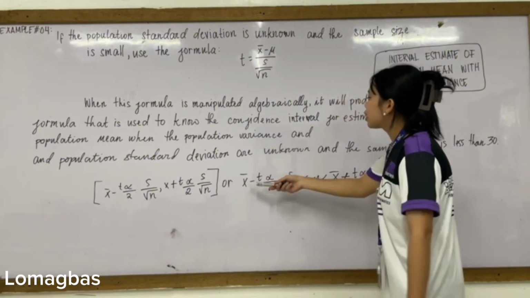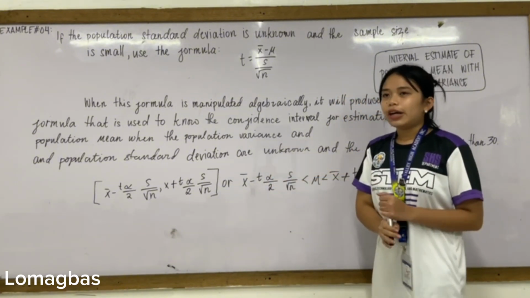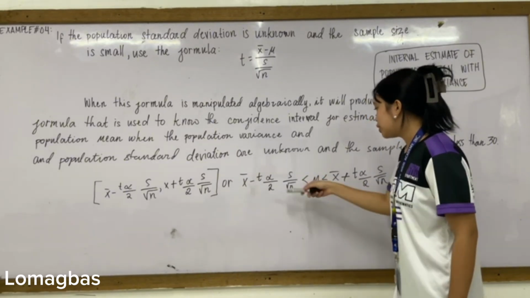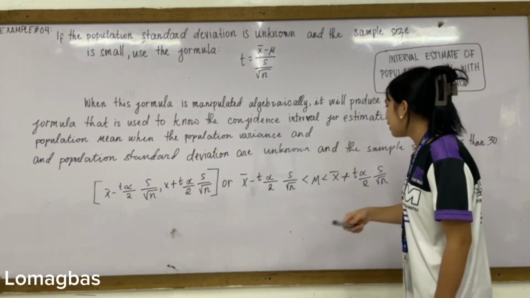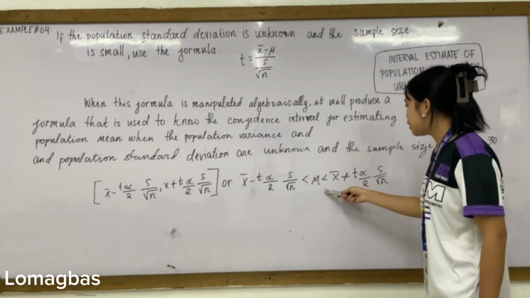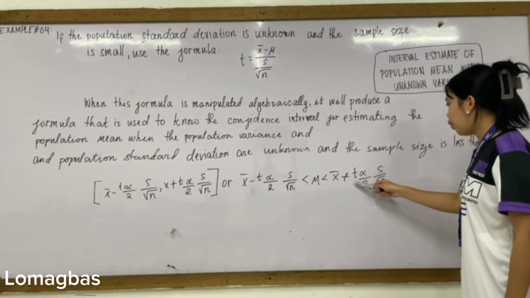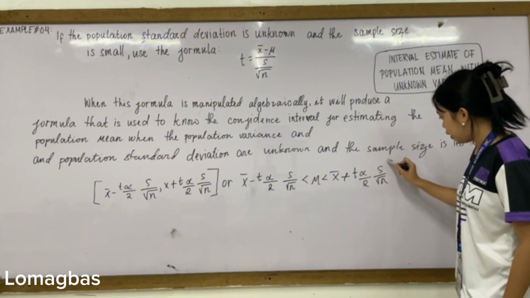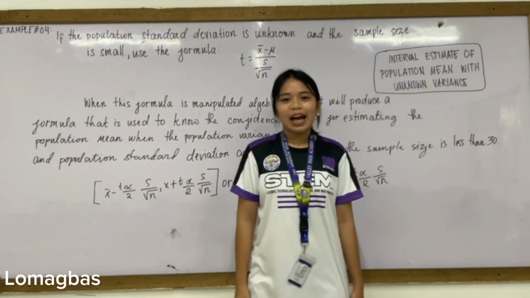Or sample mean minus critical value of alpha over 2 times standard deviation over the square root of sample size, less than population mean, less than sample mean plus the critical value of alpha over 2 times standard deviation over the square root of sample size.